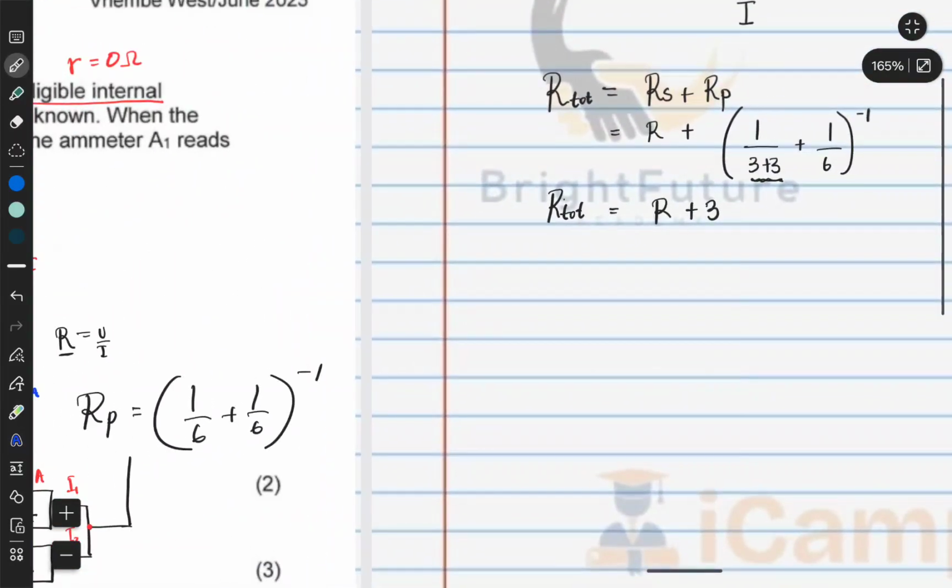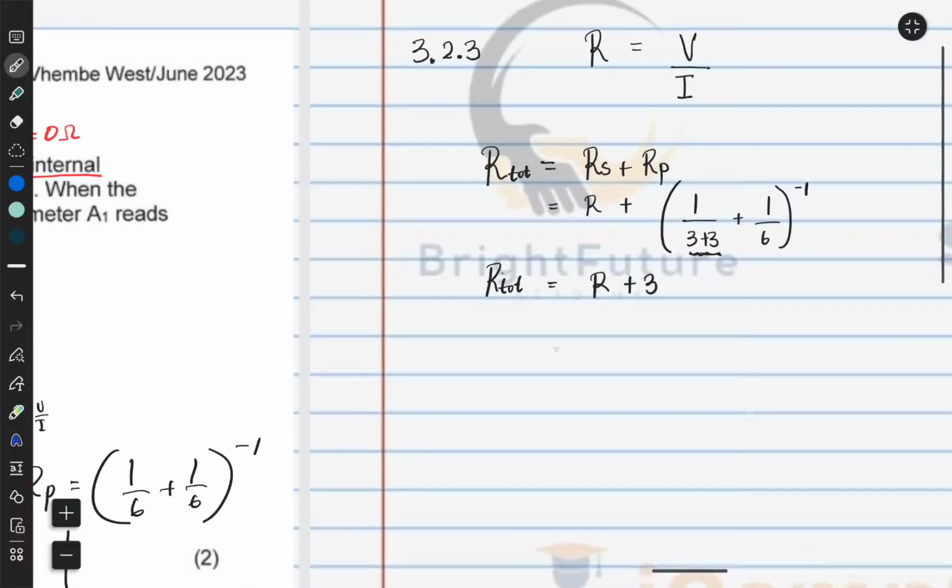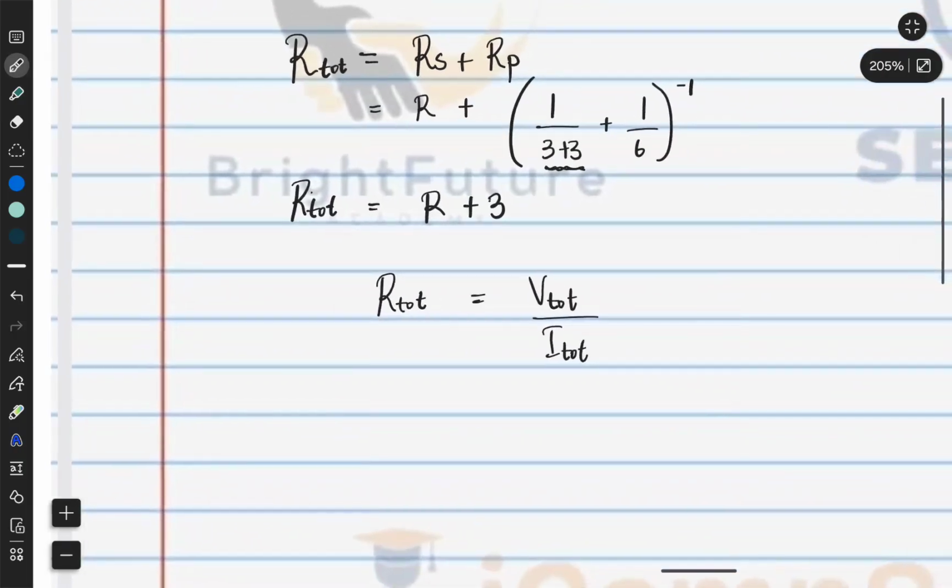Now what we can do is go back to our equation and say this R tot, the total resistance of the circuit, is equal to my total voltage supply divided by my total current. That's what I'm saying. So now I substitute my values. I have R plus 3. What's my voltage supply?